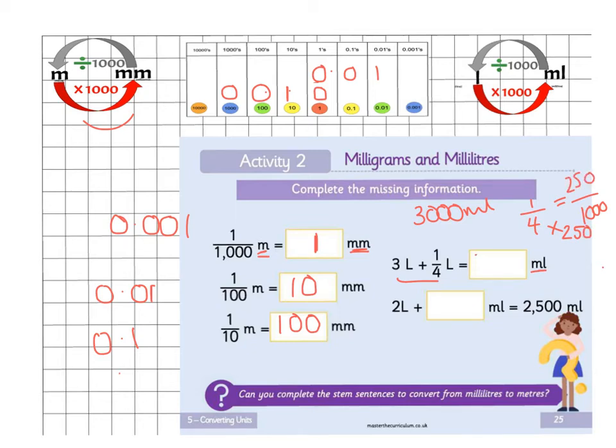So 1/4 is actually 250 millilitres. Add those together, 3,250 millilitres. And this one, it's a bit like yesterday's, 2 litres plus something ml gives me 2,500. Well, I know that that's 2,000, so that must be 500 millilitres.